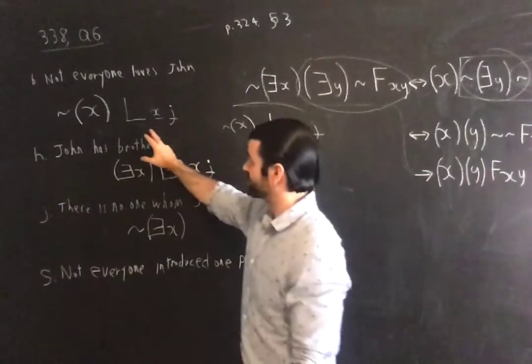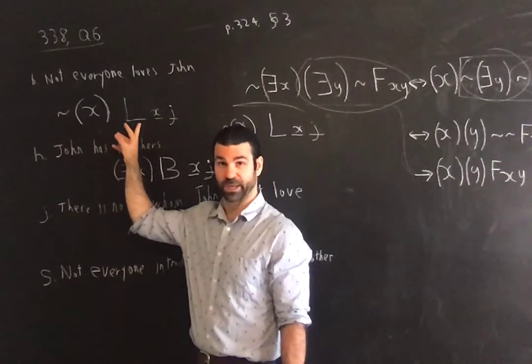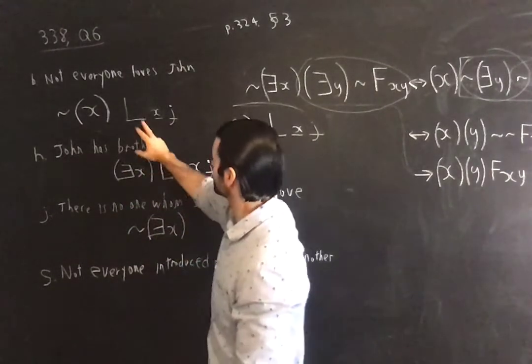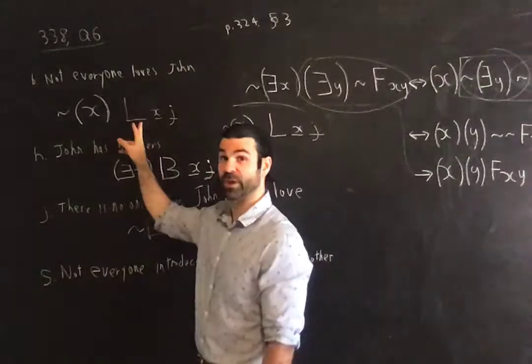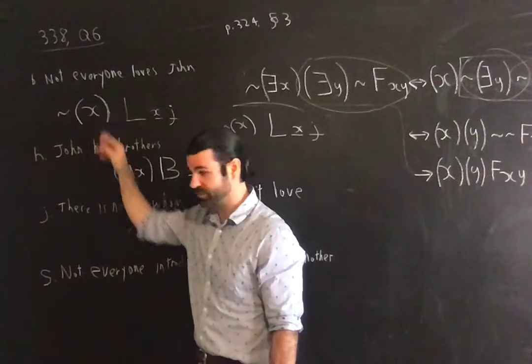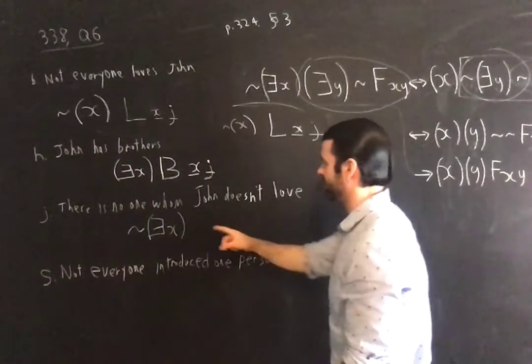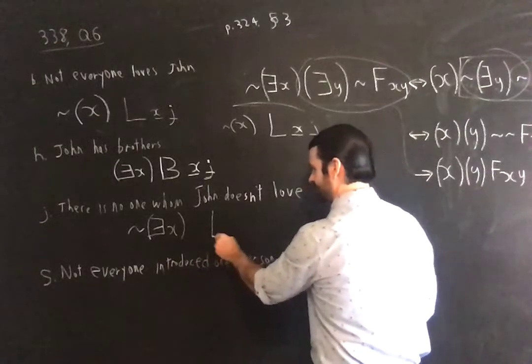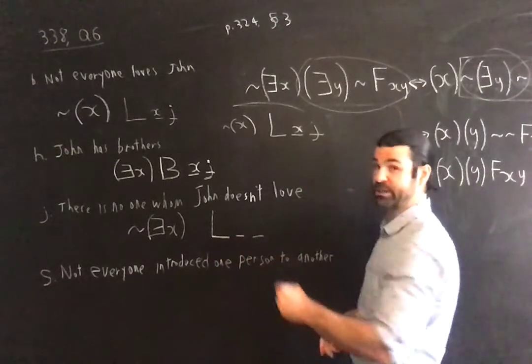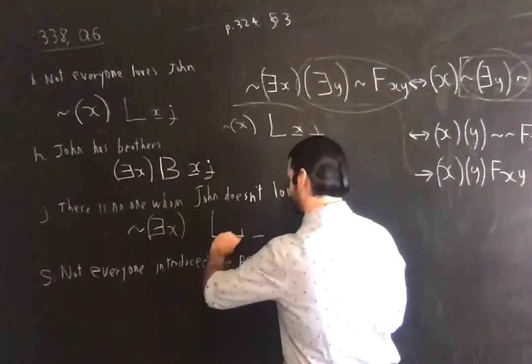When you put down the loving predicate, you've also got to be on the lookout for whether the predicate itself is negated. There's no one whom John doesn't love. There does not exist an X. Where's John? John is doing the loving.